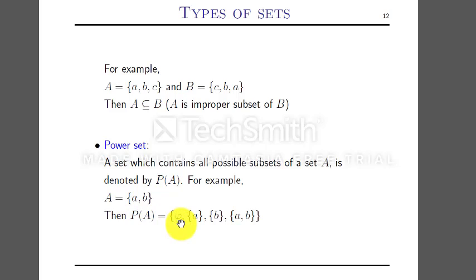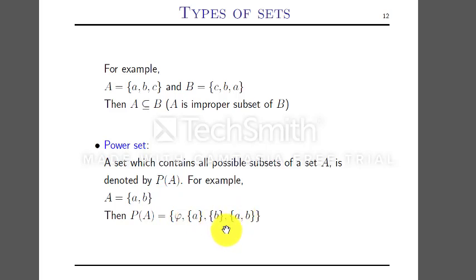Phi is a subset of every set. Small a is a proper subset, and small b, a singleton set, is also a proper subset. These two are proper subsets of A, and the set {a, b} itself is an improper subset. So the power set of A contains all possible subsets of the set A.